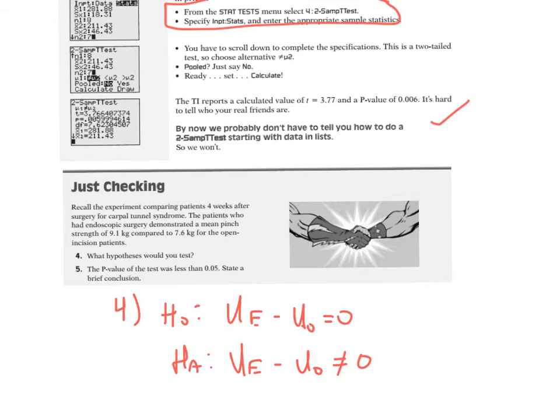Based off of the results, the endoscopic surgery probably is stronger on average, but we can't be sure unless we do the full test. It's not something we can see here because we don't see all the data, but you guys would be able to interpret that if you had all of the information at the beginning.